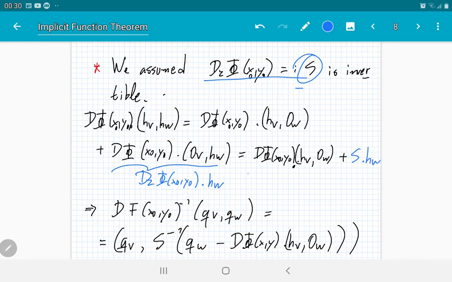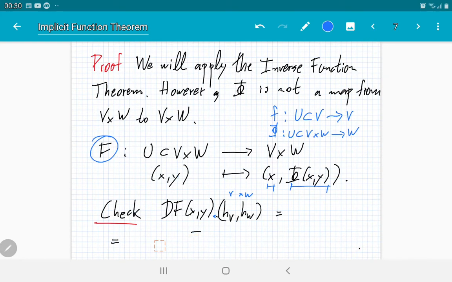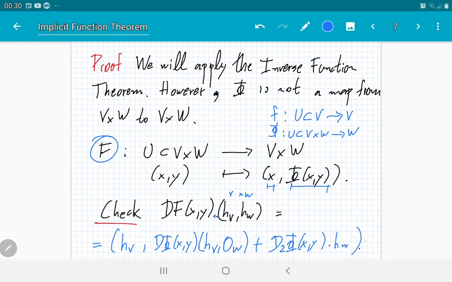If I go back to the formula, this derivative of f, I can rewrite it as: the first coordinate is the identity mapping. In the second coordinate, there's this part that's like the first partial derivative applied to hv, plus s, the d2 phi, applied to hw.